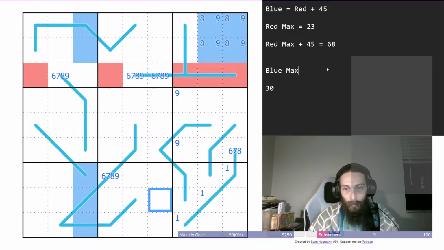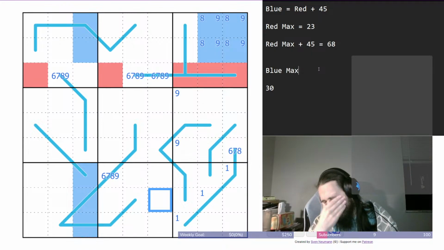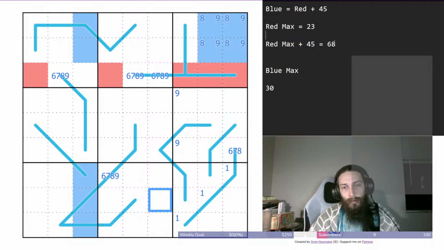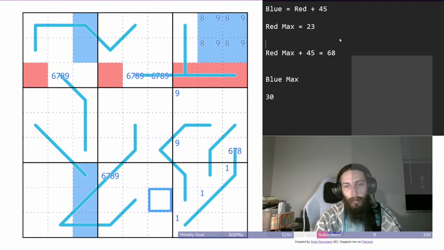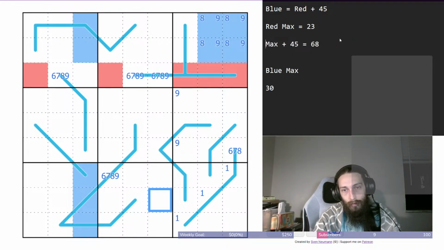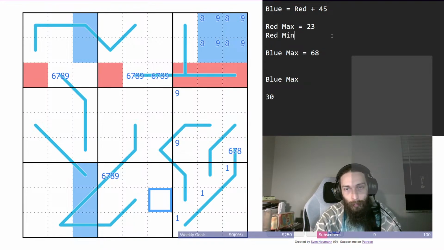What is blue's theoretical maximum? No, I should be considering minimums. Because yeah, that would be the blue maximum. And I guess if we consider red's min, then that would be 25.